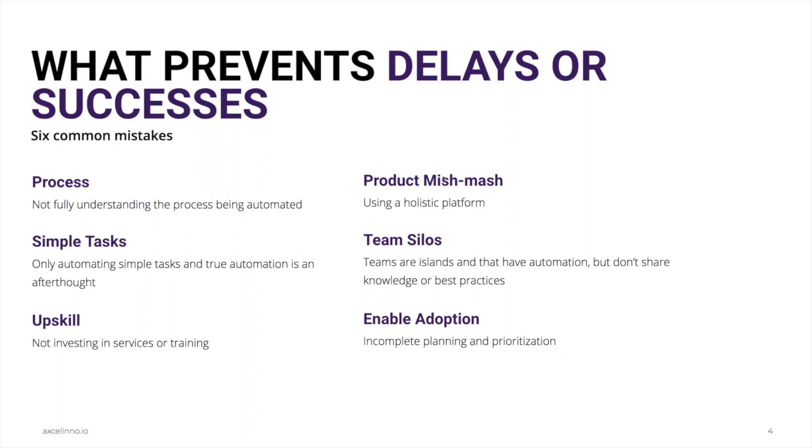And we get almost a little bit ahead of ourselves, and we don't fully understand the process being automated. What's great is that it's just a little bit of due diligence to really understand that. Because one of the key things is to not only understand the process being automated, but also to look and say, is this the same process that we want?